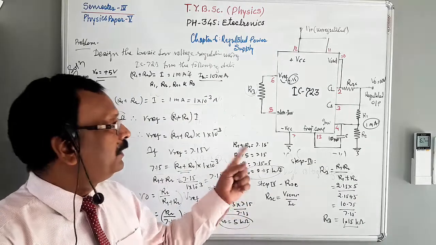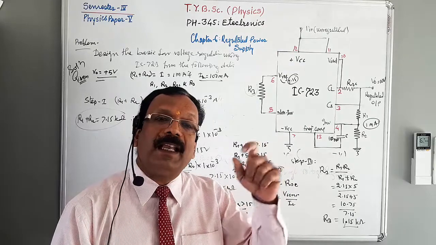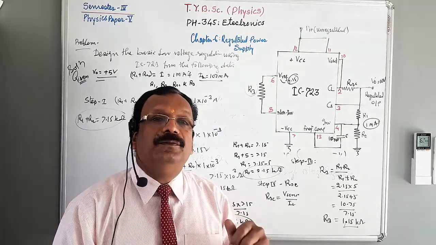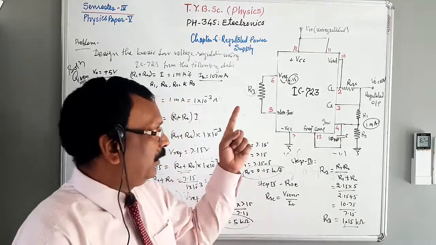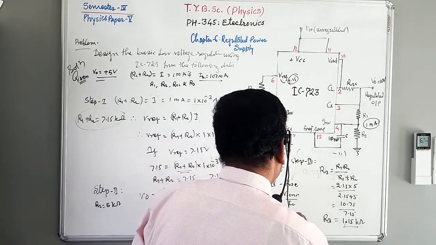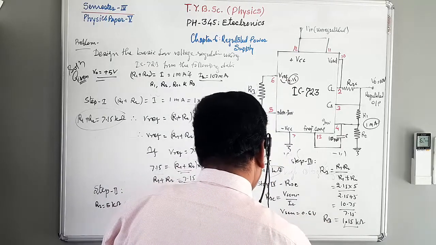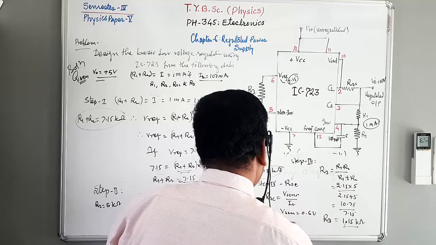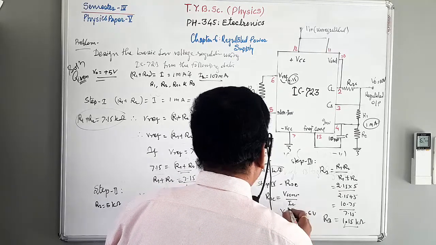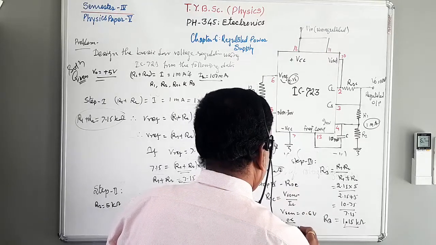What is V sense? V sense is the voltage between base and emitter of transistor T2, which is a standard value, nothing but 0.6 volt. So RSC is equal to V sense, 0.6, upon IL, which is given as 100 milliampere.